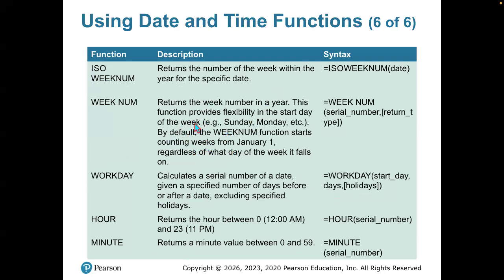So this allows you to be a little bit more flexible. Maybe you don't want to say Sunday's the first day of the week. If you want to change it to a Monday or a Tuesday, depending on when you're working, that's an extra parameter that you can include here. But honestly, just focus on the fact that it would calculate the number of weeks, the amount of weeks that you are within the year.